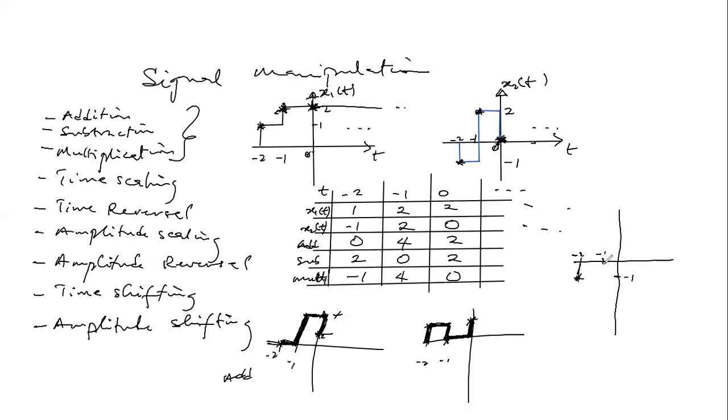Then at minus 1 is 4. So if this is 1, 2, 3, let's say this is 4. So we are plotting at this point. So it means this is going to come all the way and go all the way. All right? Then at 0, it comes to 0.